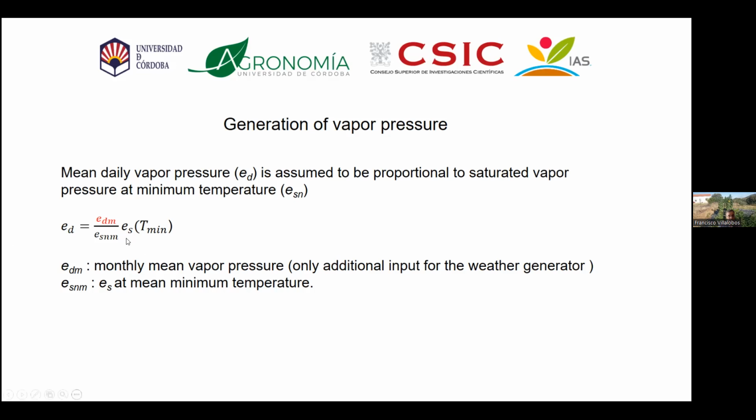To convert this to ES at the Tmin, we apply a coefficient, and the coefficient is calculated using monthly coefficients. In this case, it would be the monthly mean vapor pressure, that is the only additional input for the weather generator, divided by ES at minimum temperature for that month.